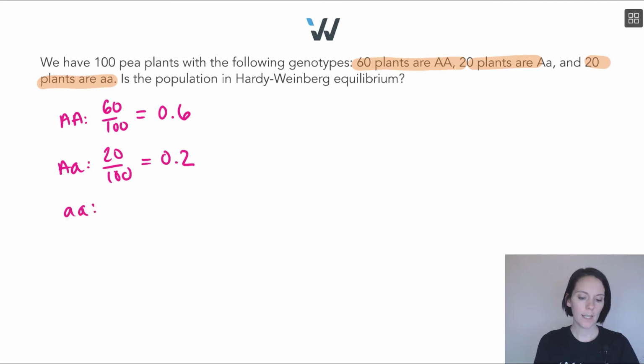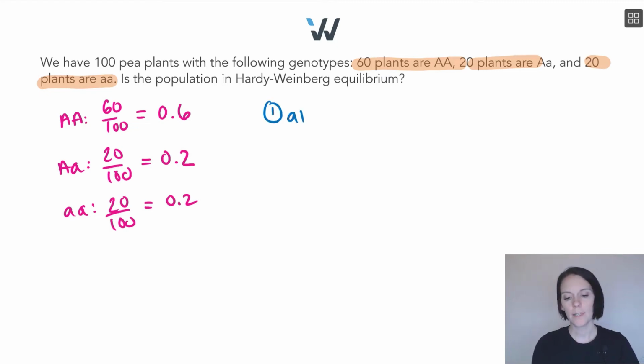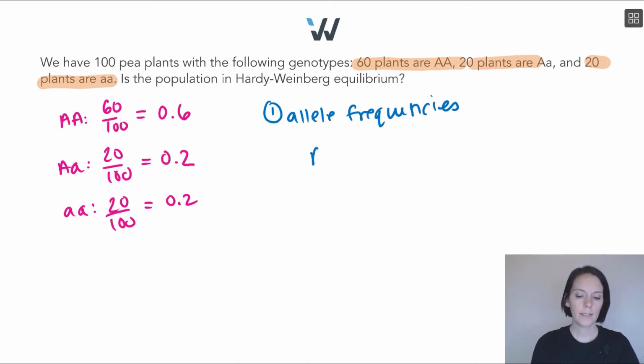And little a little a, again, 20 out of 100, so 0.2. So the first step that we need to do here is calculate the allele frequencies in this population.